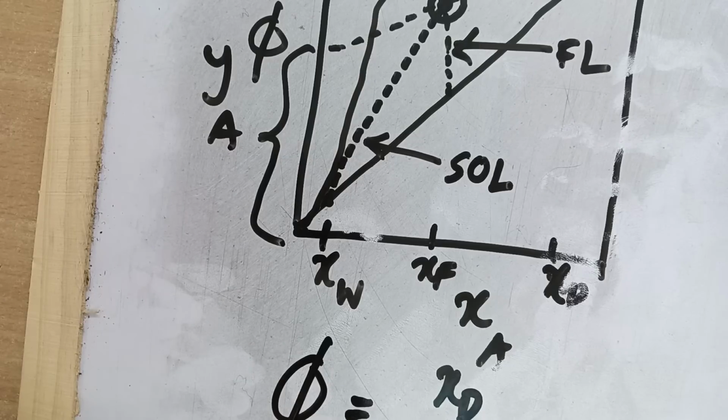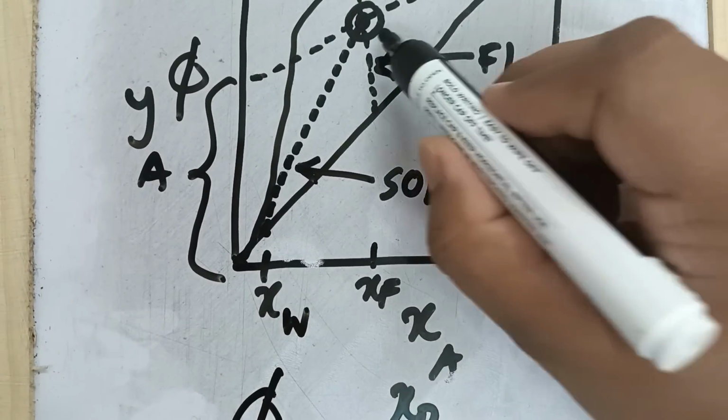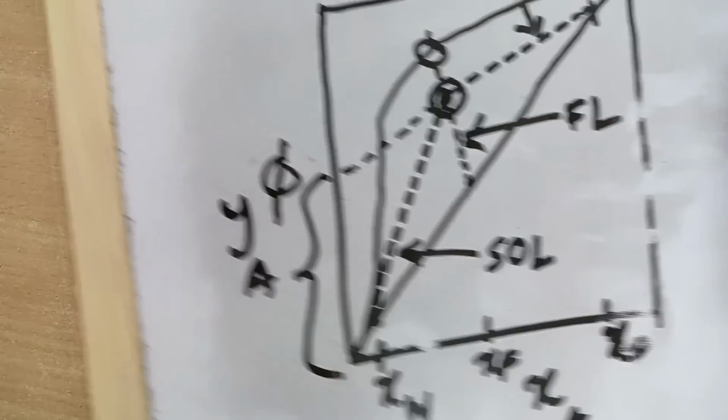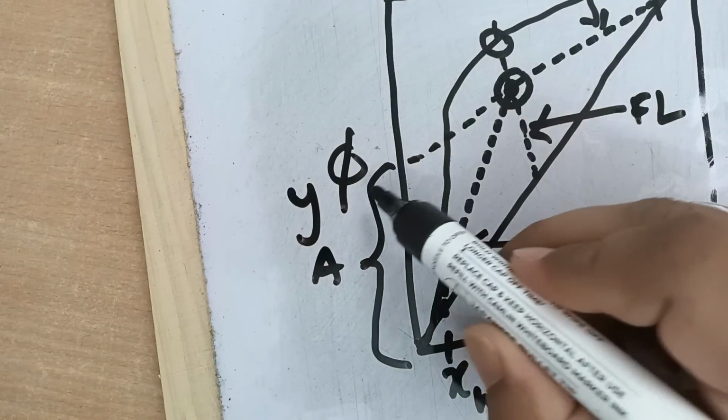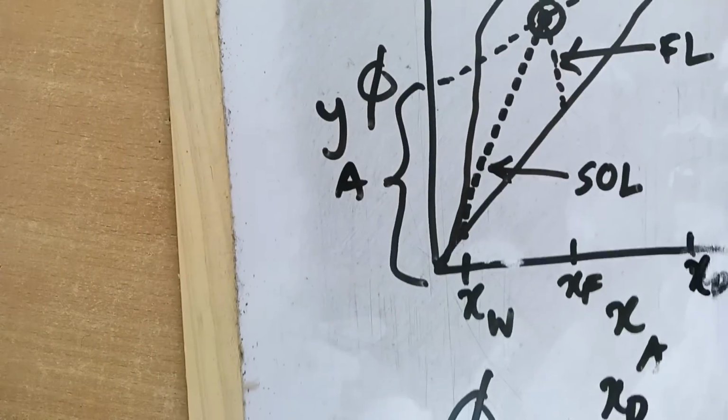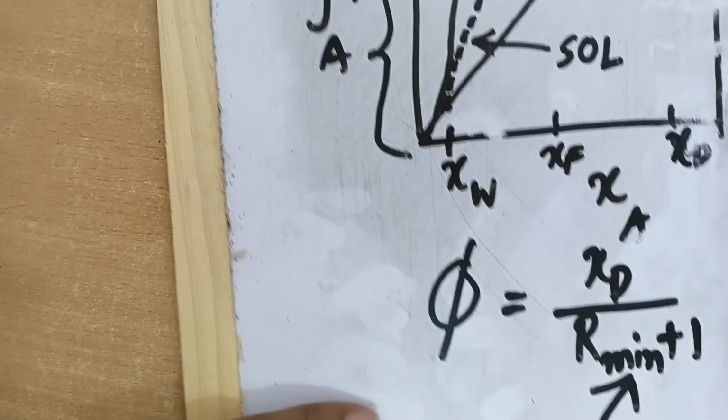So in that case you first draw the feed line, then you draw the stripping section operating line which will be just tangent to the equilibrium line, find out the point of intersection, and then you draw the enriching section operating line, extend it, find out the y-axis intercept, and correspondingly you can easily find out the value of R minimum.